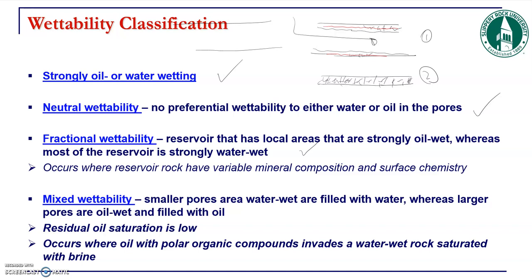There are some active chemical components inside your oil that will change the chemistry of the surface of the rock and make it oil wet. So from water wet, it becomes an oil wet type of rock, and the larger pores therefore become oil wet. The smaller pores remain water wet because they are always filled with water, and this water cannot be removed. So that's the definition of mixed wettability.